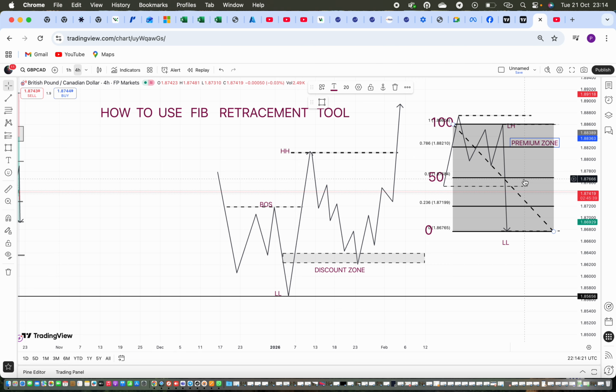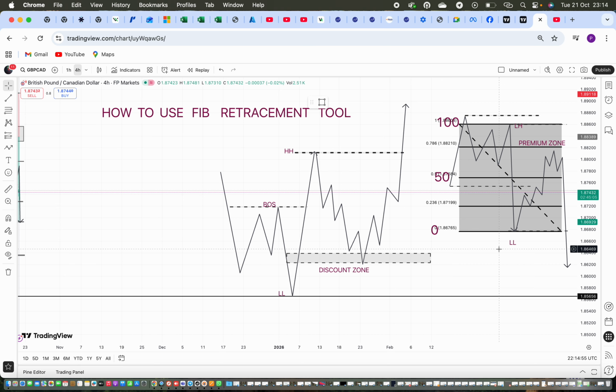This is the 50%. We want to see price trade above the 50%, so we expect price to give us a premium price. So we see price pull back to correct and trade back maybe above this 50%, so around the 70 something percent thereabouts, or even 80%, and give us a change of market structure around here.